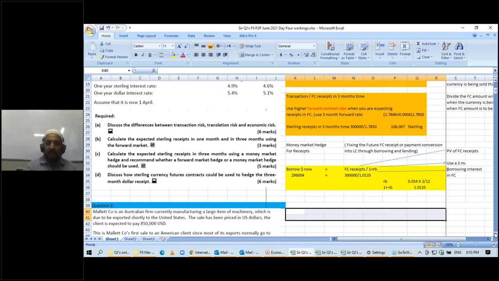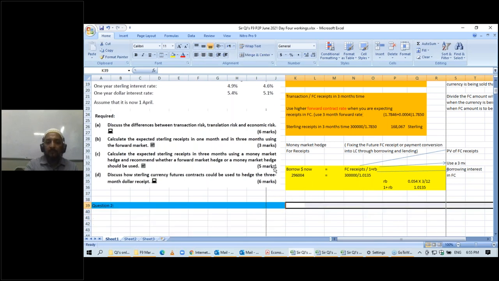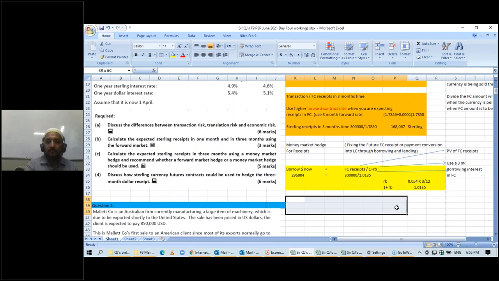So the next step will be converting it into local currency right now. By doing this, the exposure finishes, because you get the local currency amount immediately, 3 months earlier, at the spot rate.